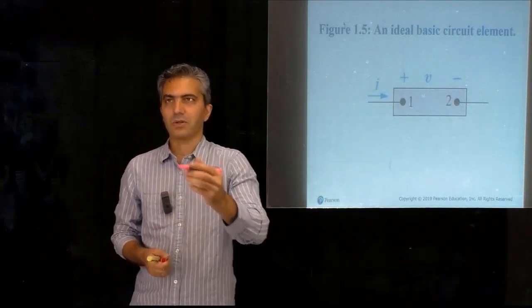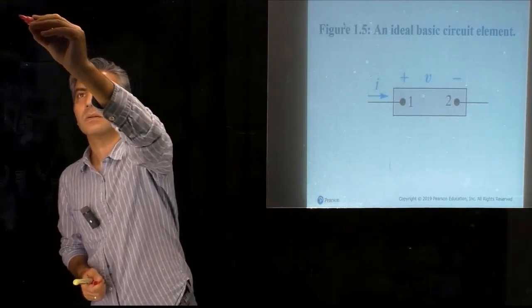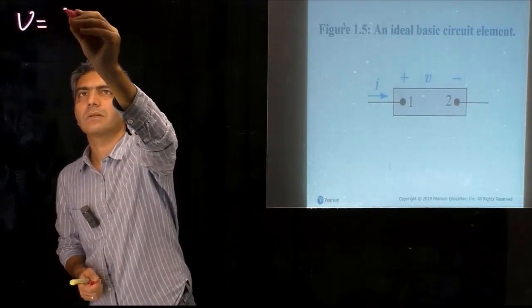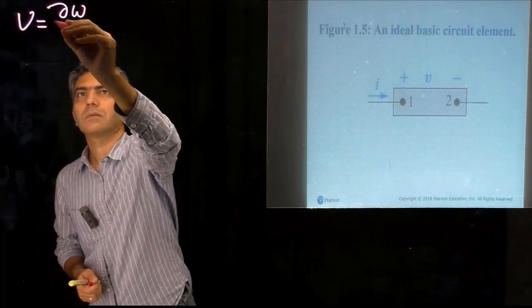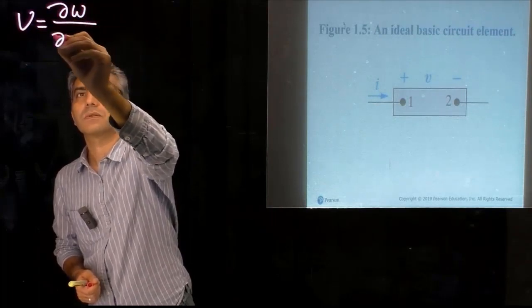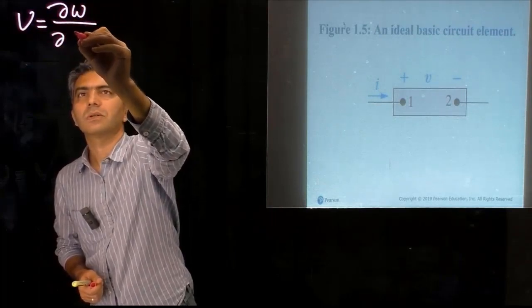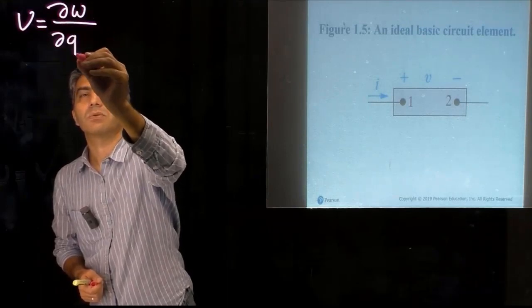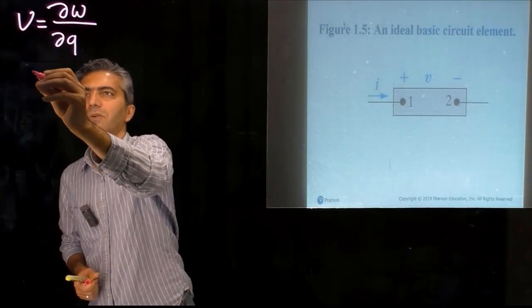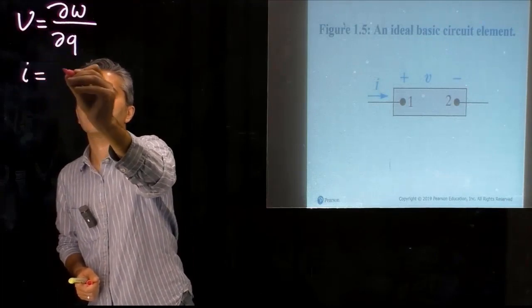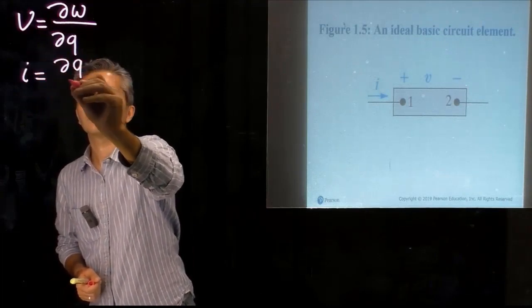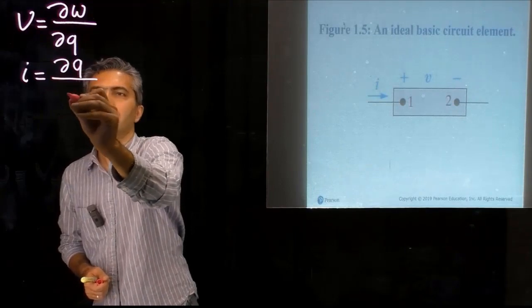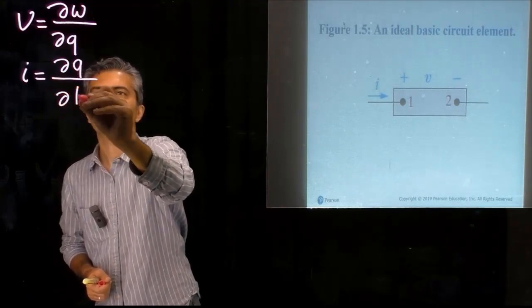And with those definitions, so again, the voltage is the potential difference across, or in other words, we take the energy and derive it with respect to the charge and define voltage, and then the current is the charge passing through a cross-section in the device with respect to time.